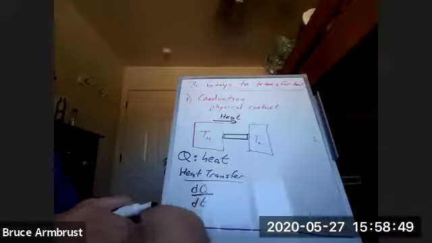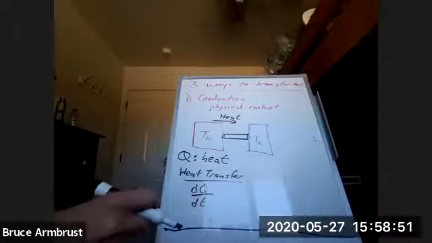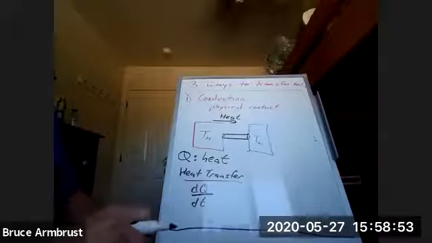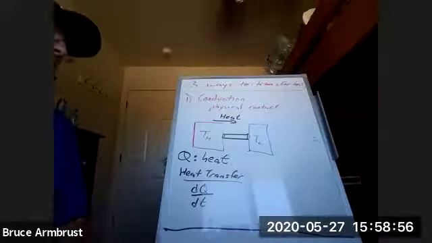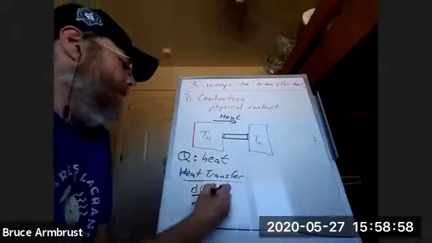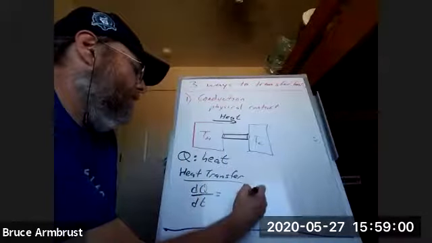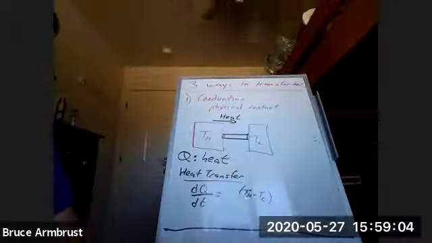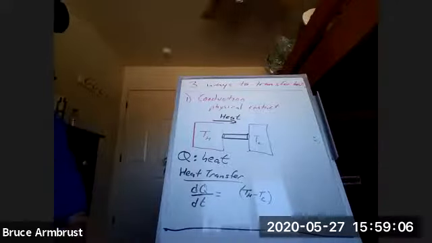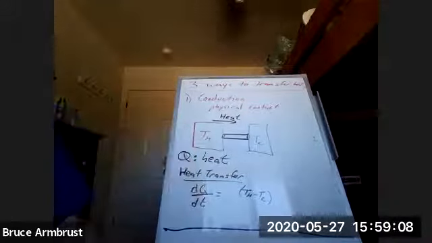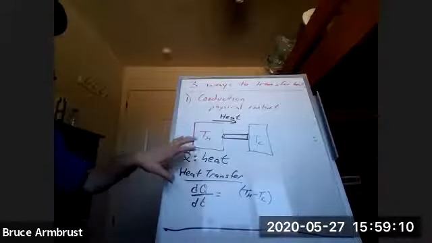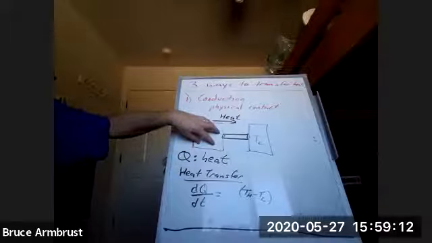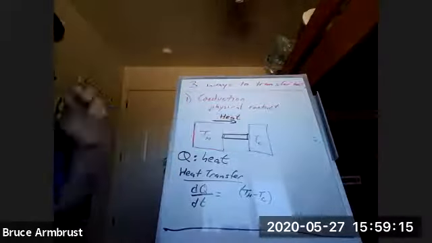Now, if you want to actually calculate the dQ/dt, first of all, we know that it's proportional to the difference in the temperatures. We call these two bodies reservoirs: there's a hot reservoir and a cold reservoir.